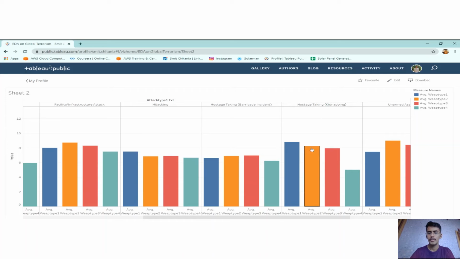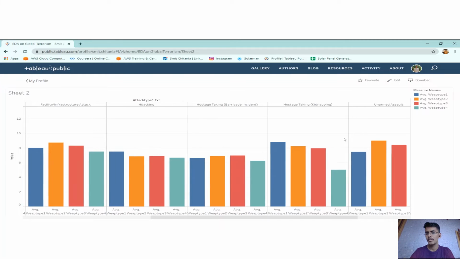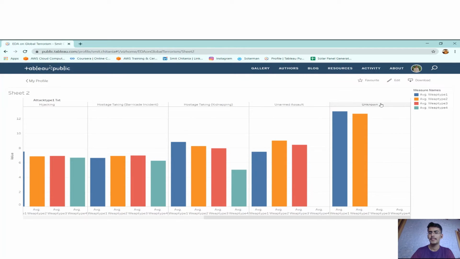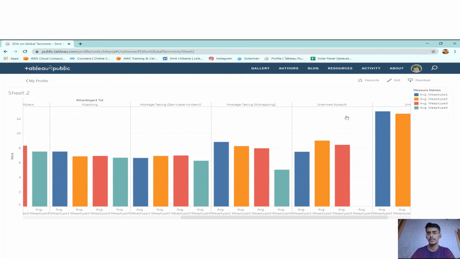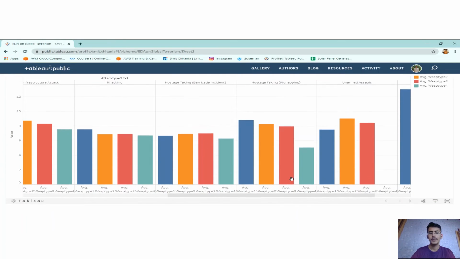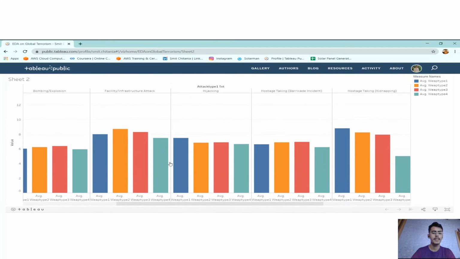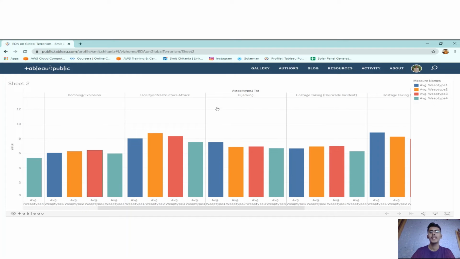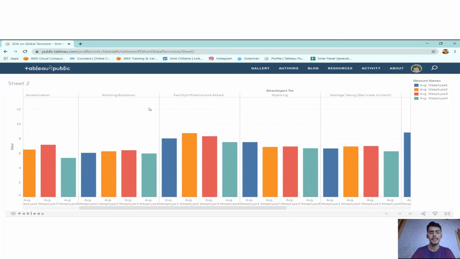During hostage kidnapping, we have around 8.812, which is more than hijacking, so hostage taking or kidnapping attacks are also commonly done. And there is the unknown, which is data that is not provided. From this visualization, we can understand the average amount of which type of weapon is mostly used in a particular attack type.